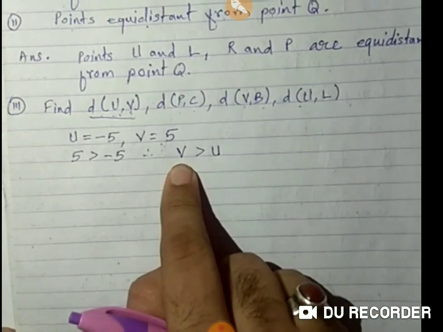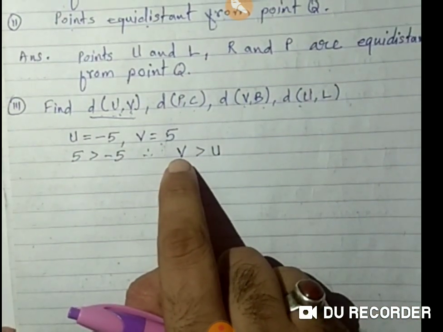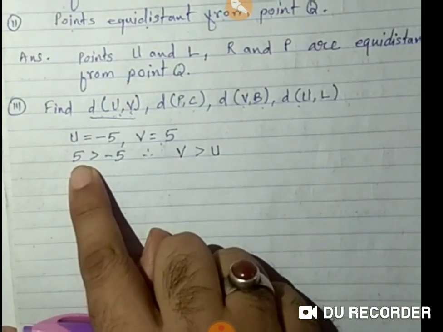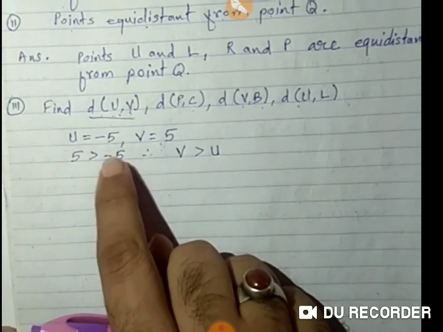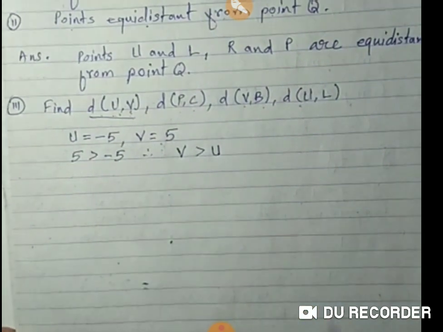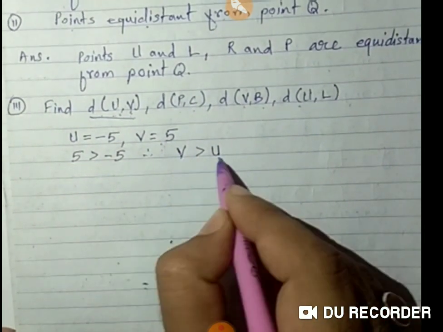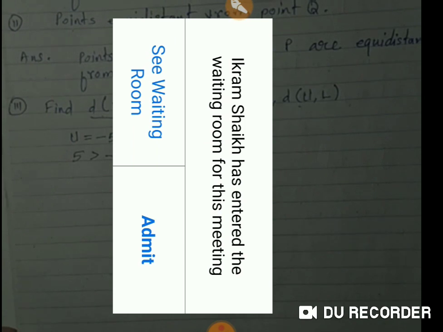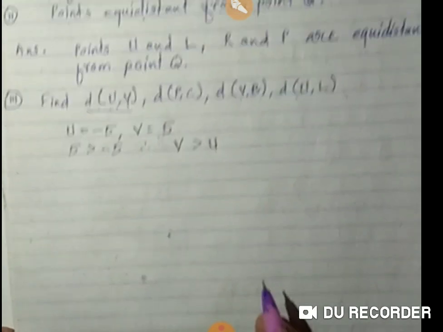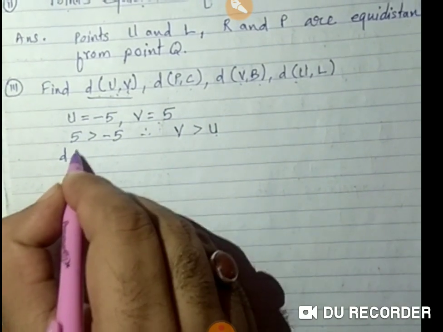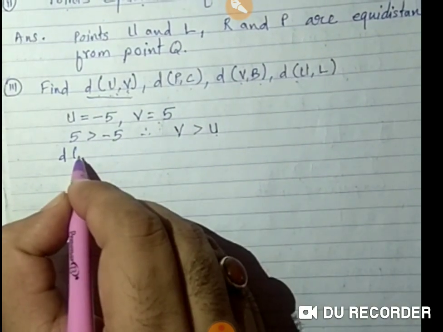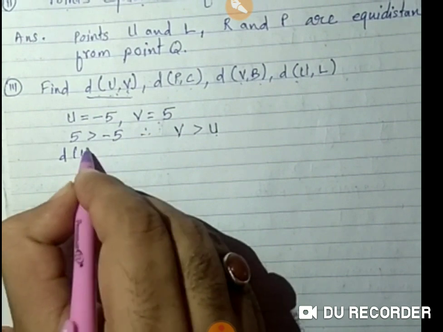Why V is greater than? Because coordinate of V is positive 5, which is greater, and coordinate of U is negative 5, which is smaller. So in that case you can say V is greater than U. Now formula to find out distance between any 2 points on the number line, that is UV.